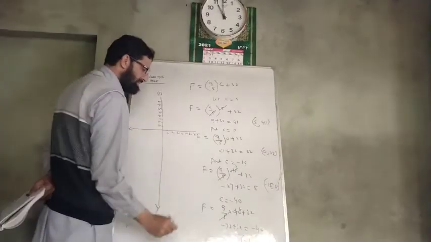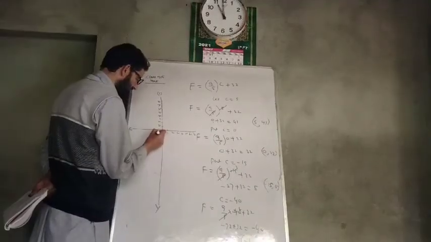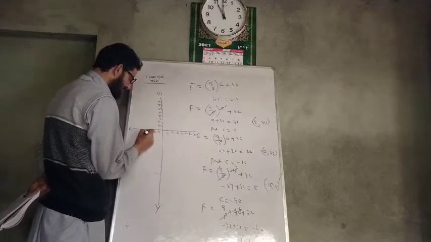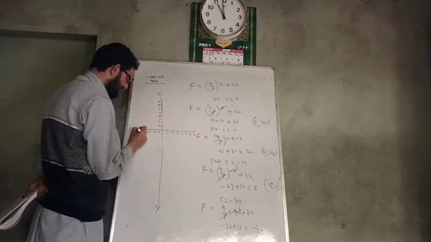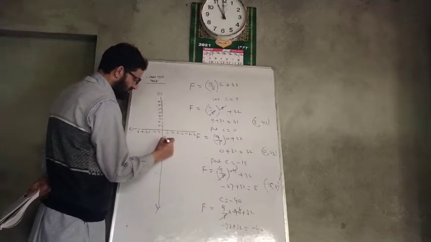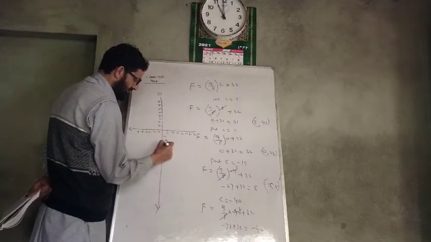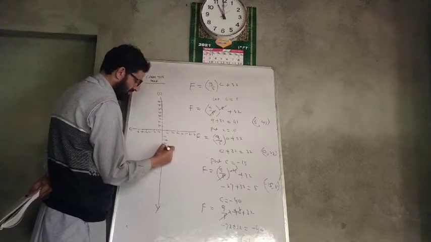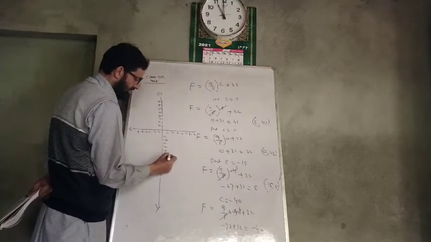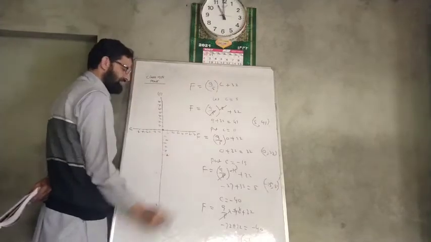Then minus 10, minus 20, minus 30, minus 40, minus 50, minus 60. Similarly here, minus 10, minus 20, minus 30, minus 40, minus 50, minus 60, and so on, and here it is 0.